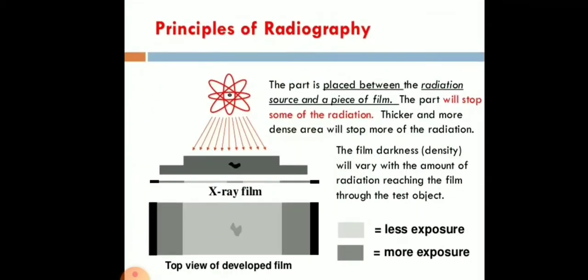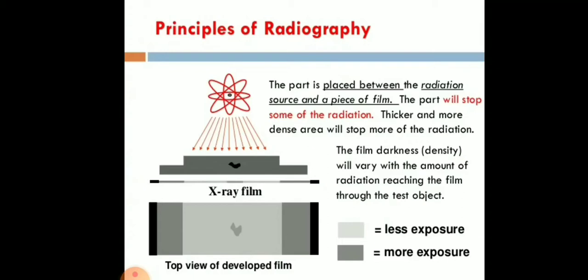Now, the principle of radiography is that the part is placed between the radiation source and a piece of film. The part will stop some of the radiation. The thicker and more dense areas will stop more of the radiation.